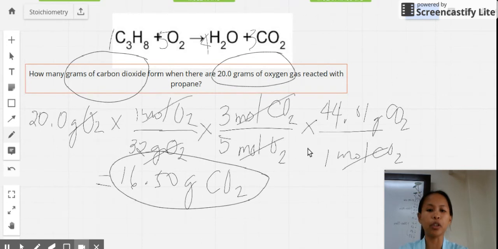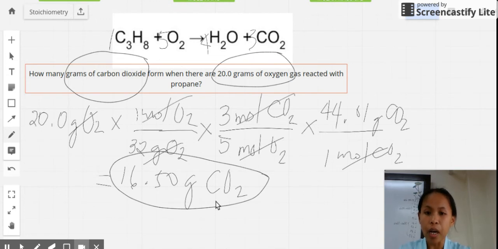You will get the most accurate answer. So input this in the calculator: open parentheses, 20 times 3 times 44.01, close parentheses, press divide, open parentheses, 32 times 5, close parentheses, and then the equal sign. Then you will get 16.50 grams CO2 as the final answer, expressed in two decimal places.